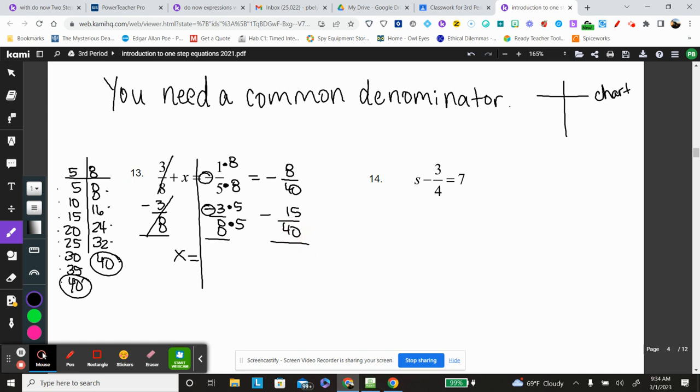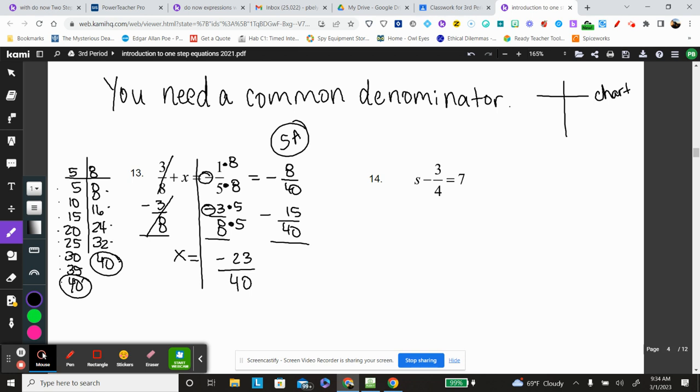Did I lose anybody? No. So same sign or different signs? Why same sign? They go the same direction, both of them go left, so just add the two top numbers. I get negative 23 over 40, and I'm done. That's all you do. Make sense? Y'all sure?